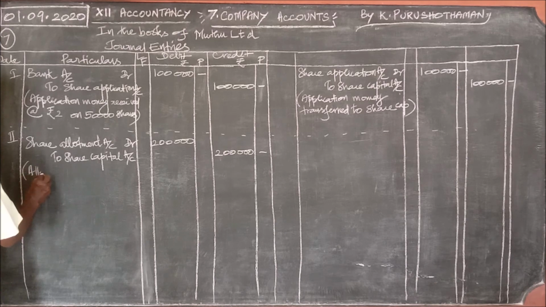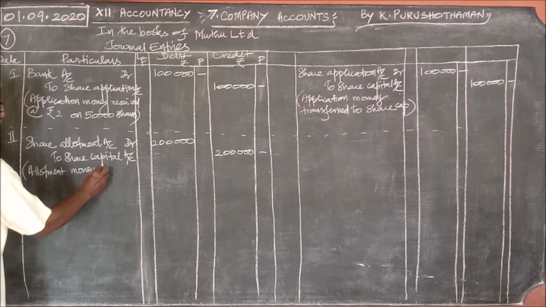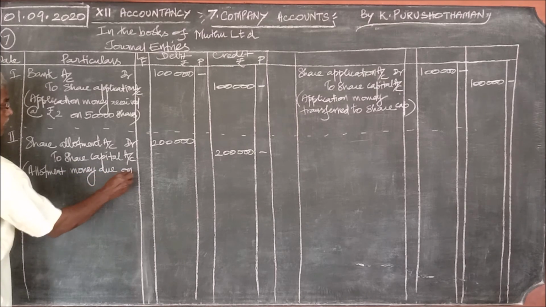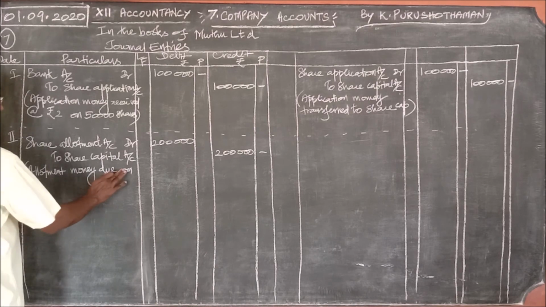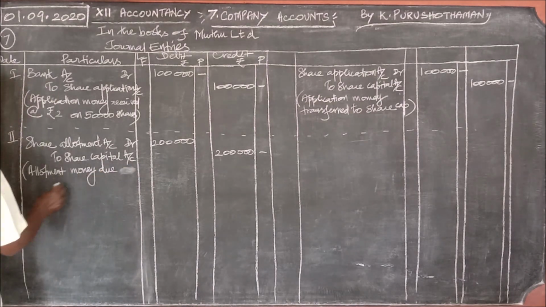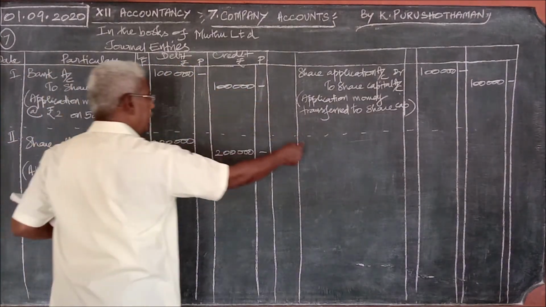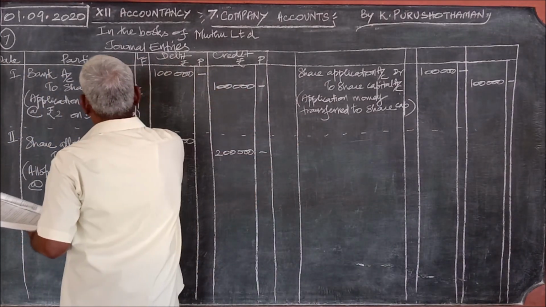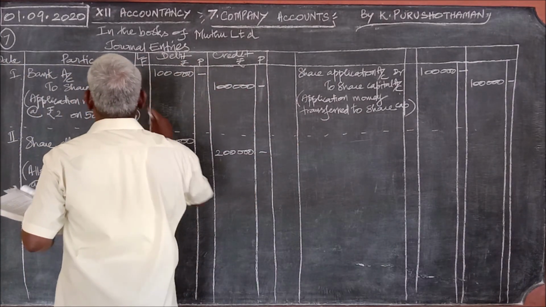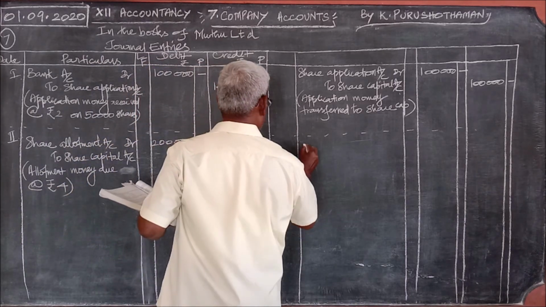Narration: allotment money due at the rate of rupees 4. Now this journal entry will come here only by changing application as allotment. So what is it?